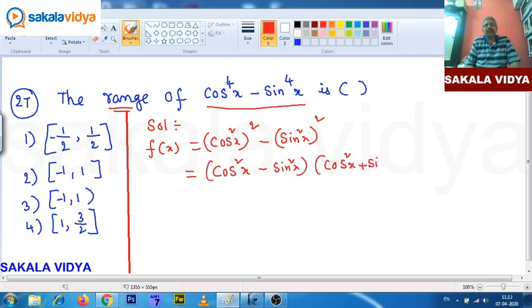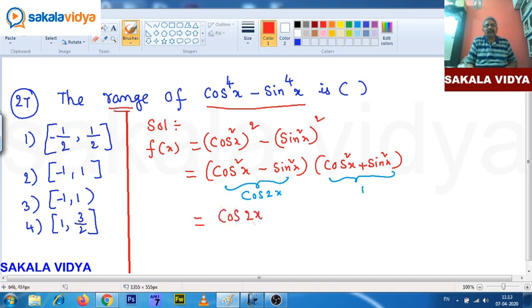The cos square x plus sin square x is one of the identities whose value is 1. Now, you check it, this is 1. So, this will be cos 2x, standard formula. So, now the function becomes cos 2x.